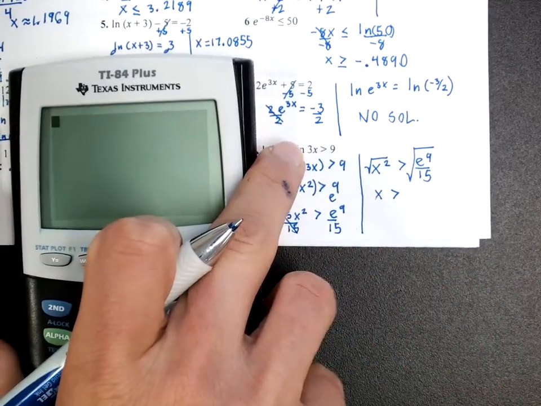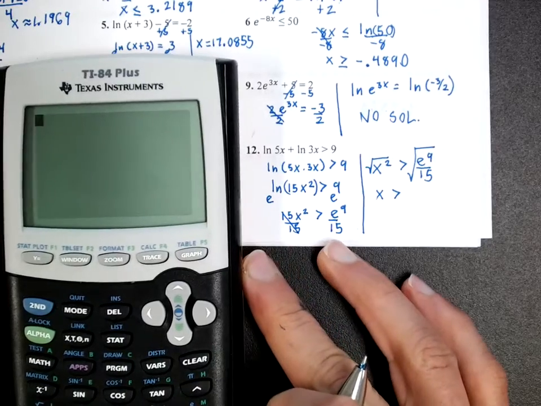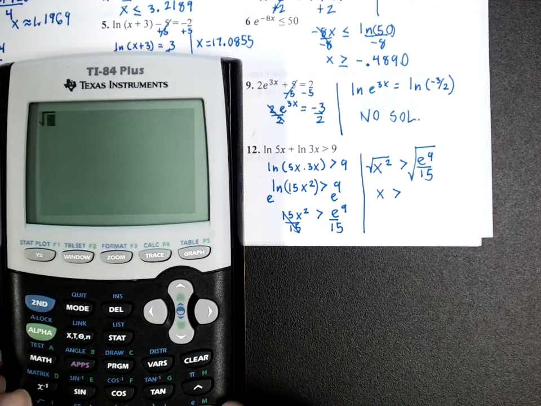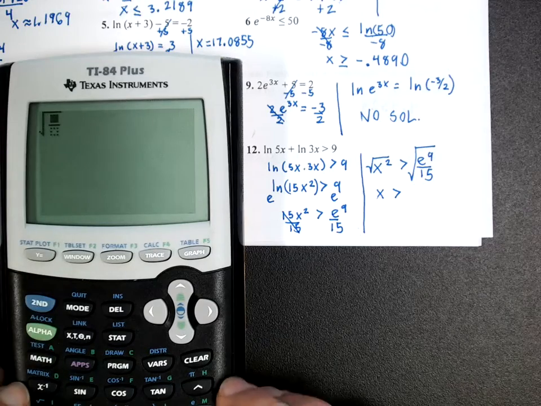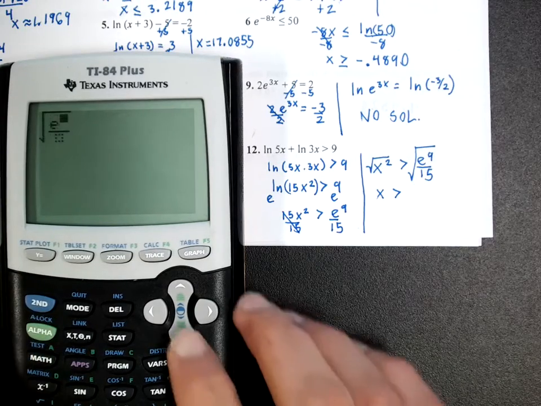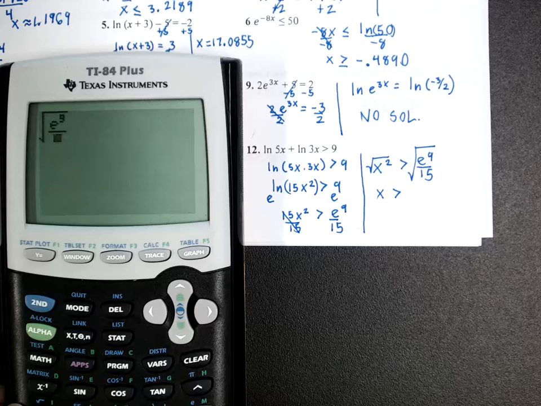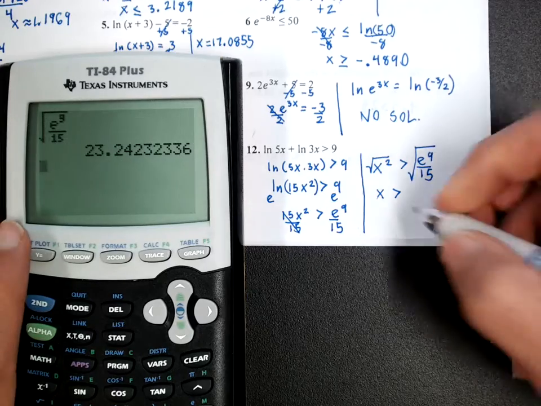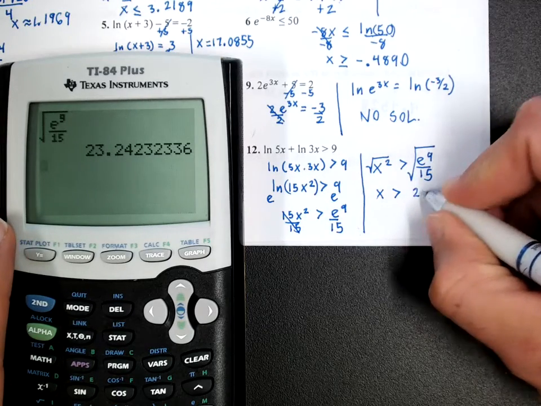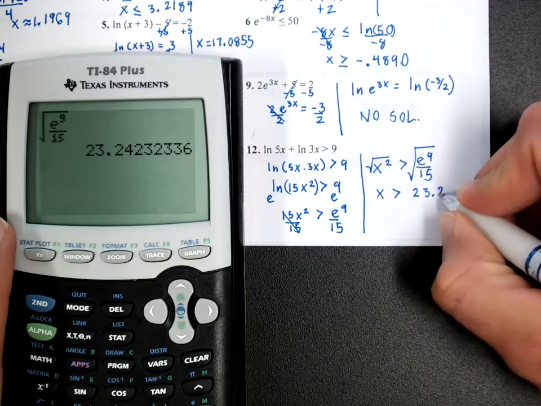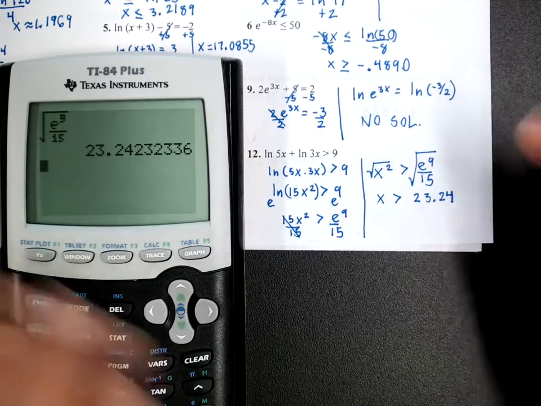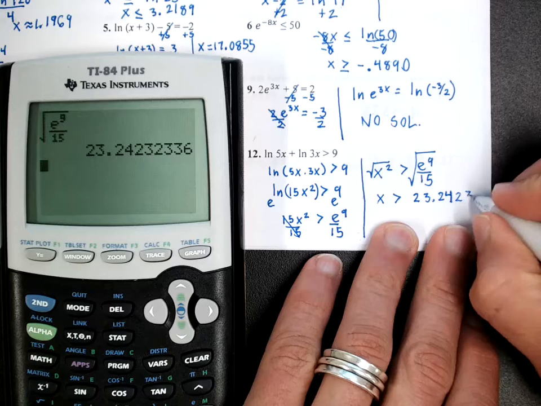It is kind of a quirky little problem there, but let's see, we have the square root of e to the 9th divided by 15. So this one's going to be 23.2423.